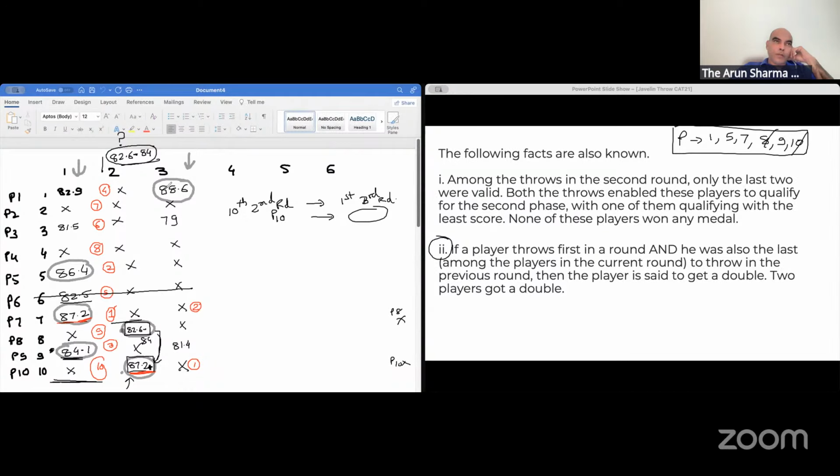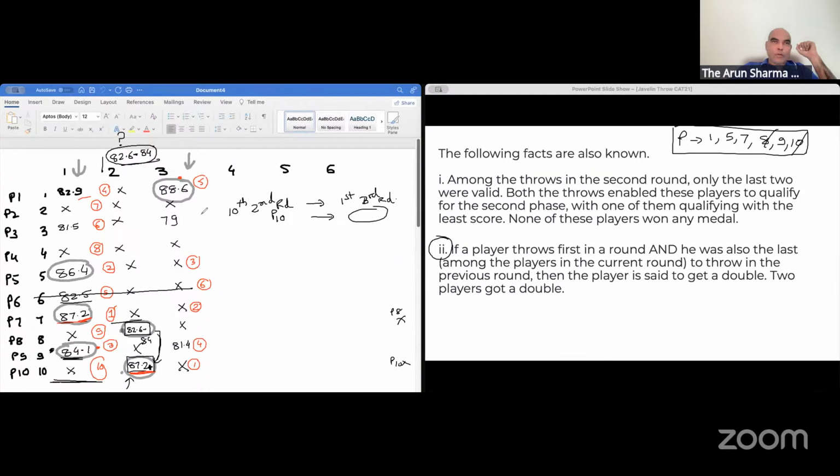The third, please remember, P1 has not got his 88.6 yet, so the third thrower is going to be 86.4. The fourth thrower is going to be 84.1, this guy. The fifth thrower is going to be 82.9. The sixth thrower is going to be P6 with 82.5.